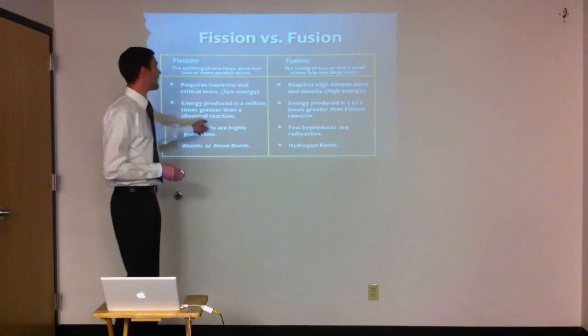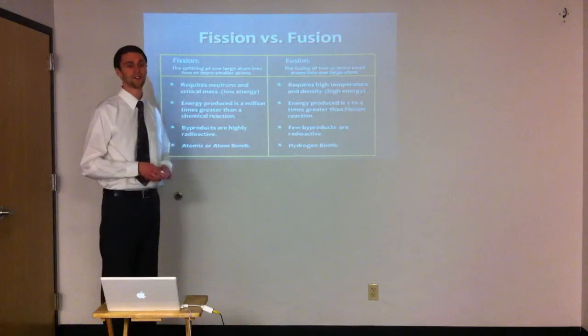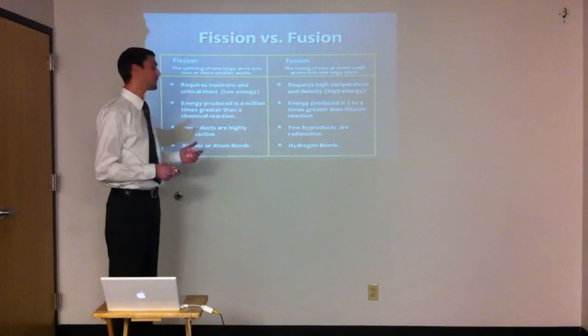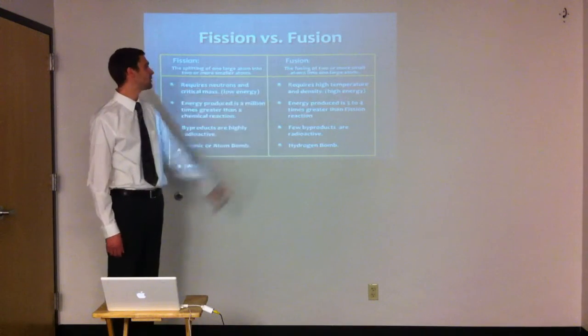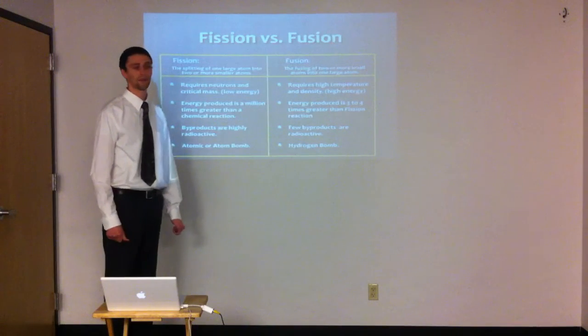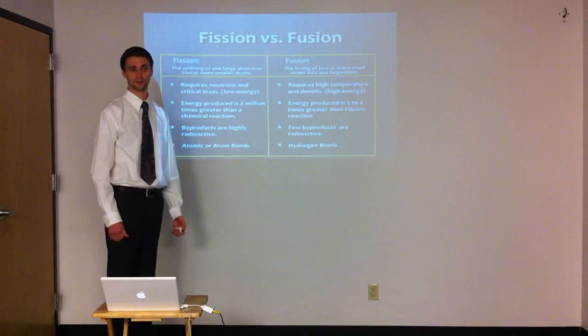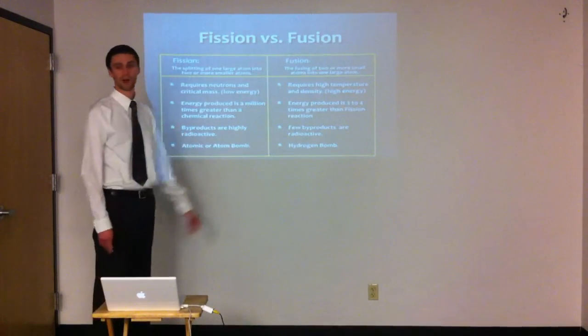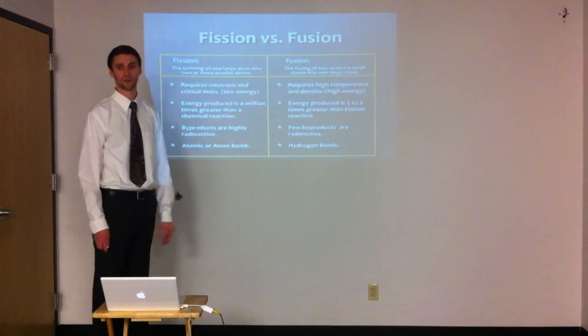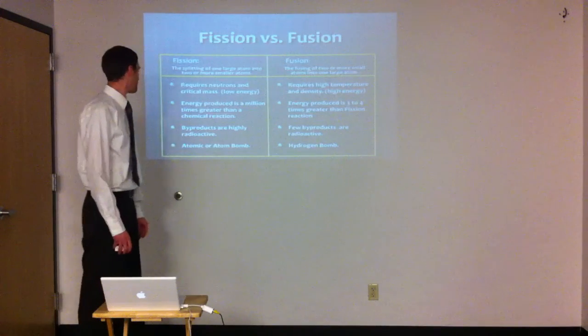The energy produced in a fission reaction is 1,000,000 times greater than a chemical reaction. And with a fusion reaction, it's 3 to 4 times greater than a fission reaction. Byproducts from fission are highly radioactive, whereas byproducts from fusion are not that radioactive.